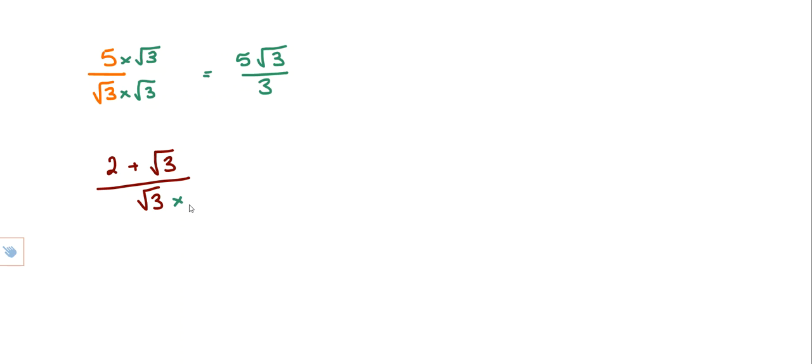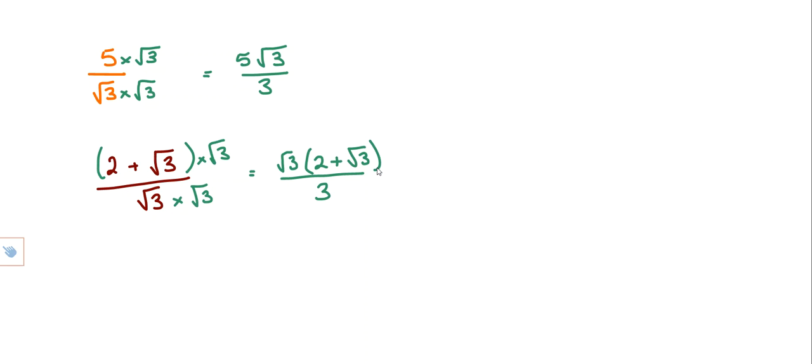I multiply by root 3, okay, which makes the denominator 3 again. But now I have to do the same to the top. So because I have 2 parts, I need to multiply the entire top bit. Okay, so now I have root 3 times 2 plus root 3. Now I can expand those brackets and simplify.